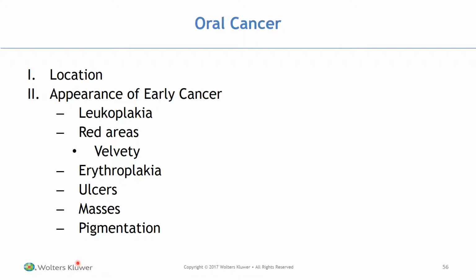The first step is to examine the entire face, neck, and oral mucosa membranes of each patient at the initial examination and at each continuing care appointment. It is necessary to know how to conduct the oral examination and where oral cancer occurs most frequently. You also want to know what an early cancerous lesion may look like and what to do if you find it, right?